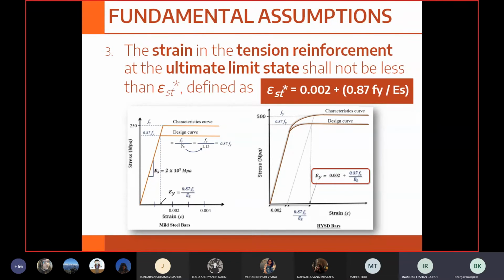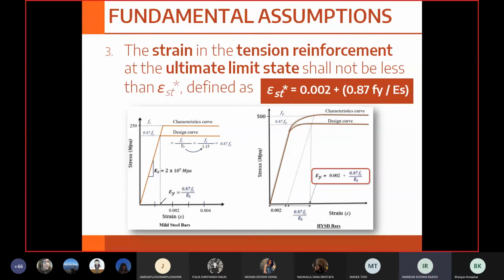So what about epsilon st? Then it should be different, right? Because we are adding that value for high tension steel, which doesn't have that well-defined yield point, right? Yes. So then, how can it be for any grade of steel?